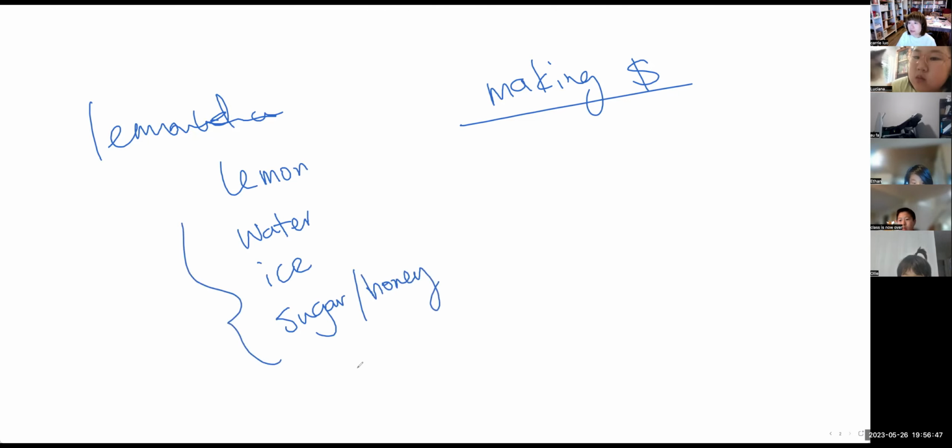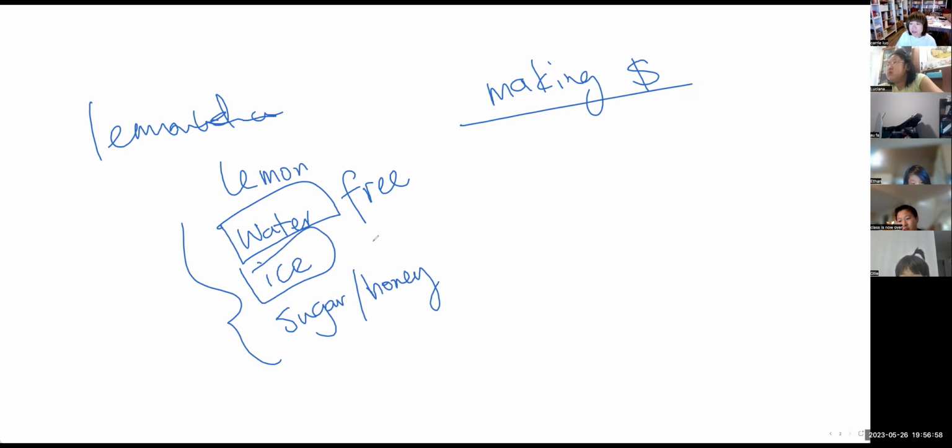That's all we need, right? So water, is it free? Ice, we can make it in our refrigerator, so it could be free as well. Correct, everybody?